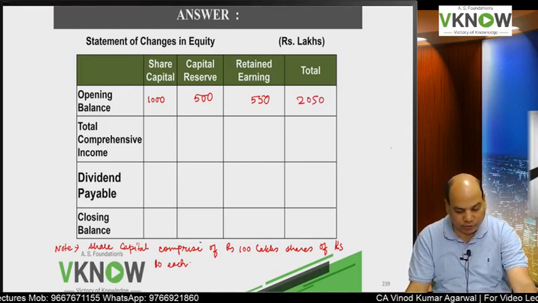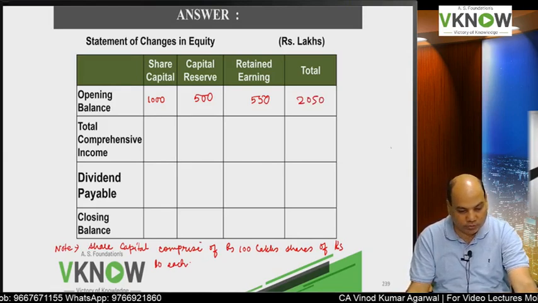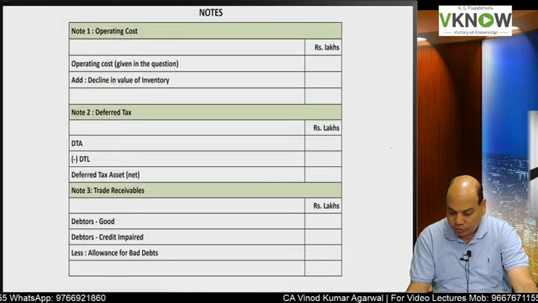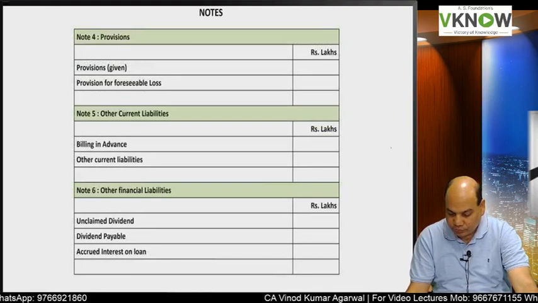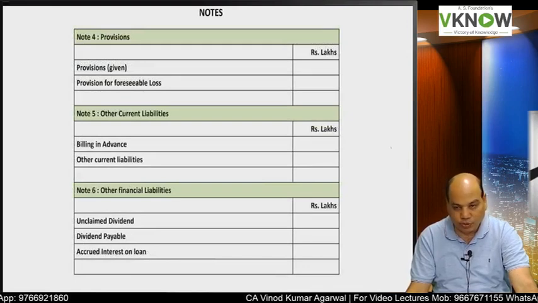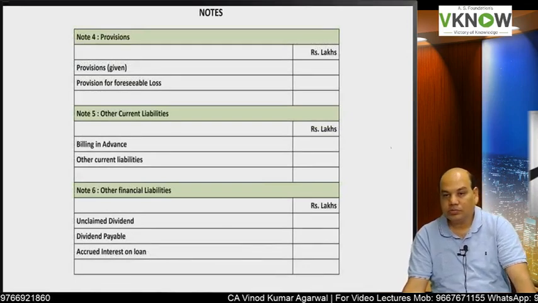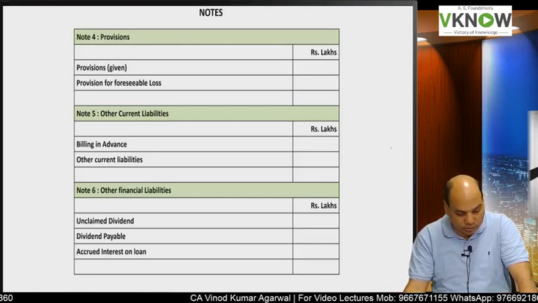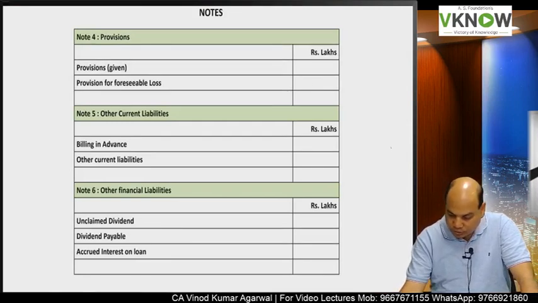Current year profit we will not write. Reserve for foreseeable loss, we will shift it to short term provision. Note number 4, just check in your book. Note number 4 is provision for foreseeable loss. Is it there? Right. How much is the amount? 400.